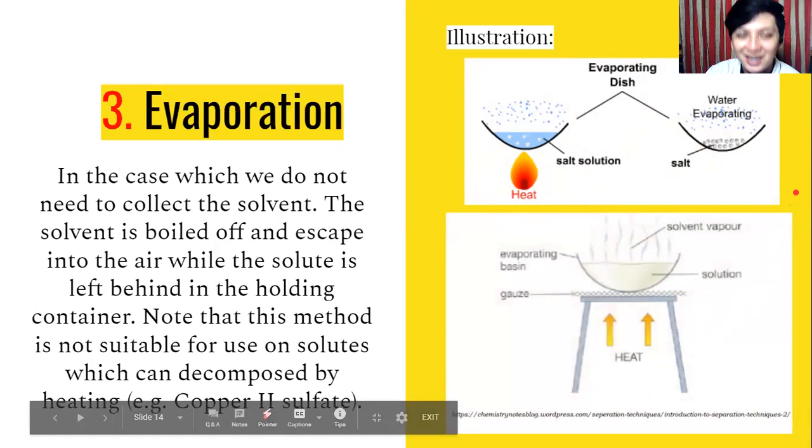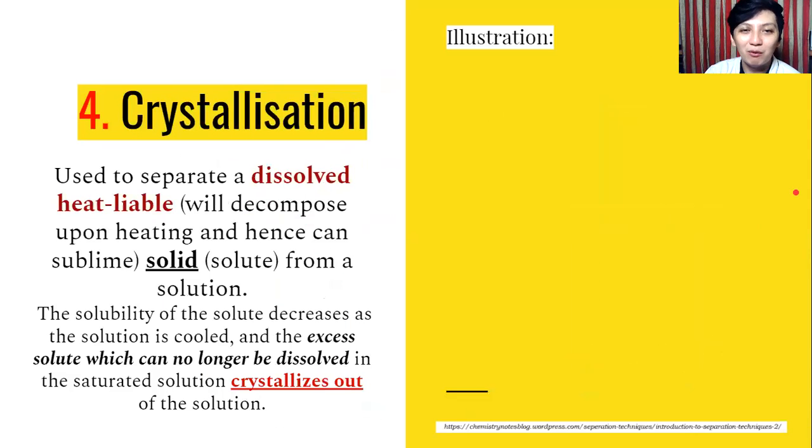Okay, we apply heat. And then number 4, we have crystallization. In crystallization, we use it to separate a dissolved heat-labile solid, meaning to say it will decompose upon heating and hence can sublime, which are the solute solids that we have from a solution.